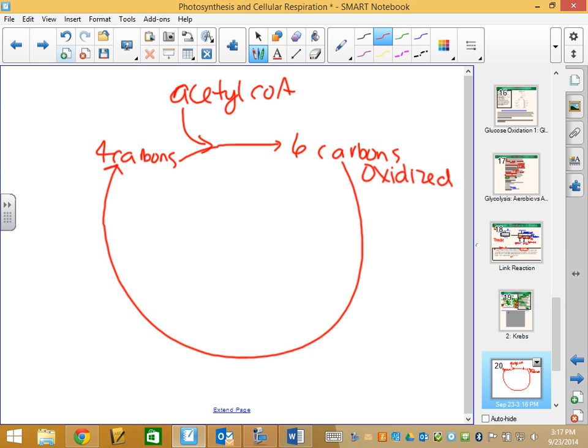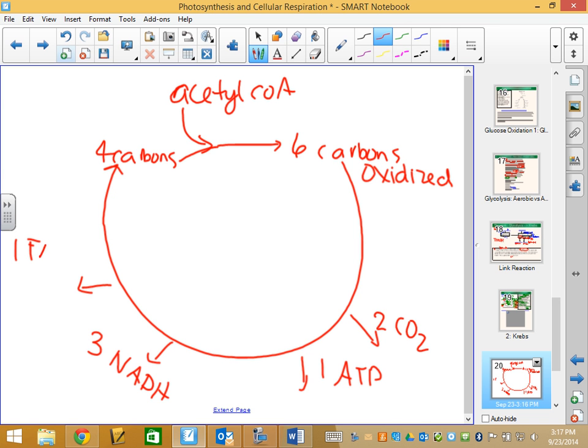And while it does that, I'm going to get some things being produced. In no particular order, what am I producing? 2 copies of CO2, 1 copy of ATP, 3 copies of NADH, and 1 copy of FADH2.